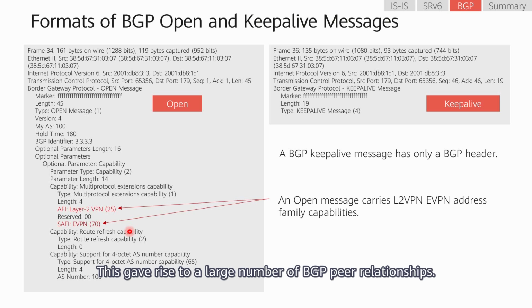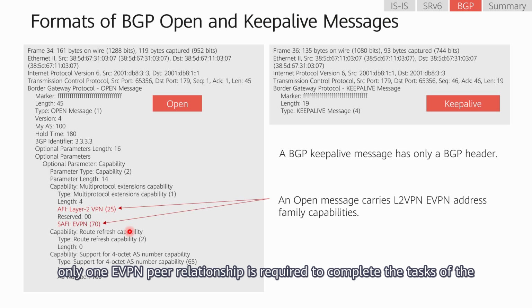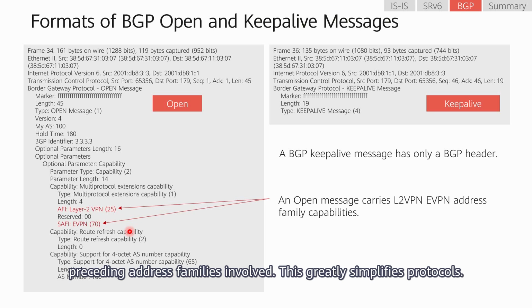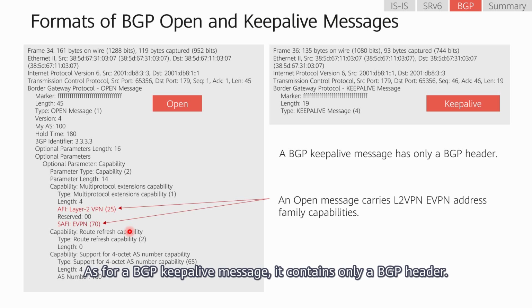This gave rise to a large number of BGP peer relationships. Because EVPN has now been extended to support L3VPN, only one EVPN peer relationship is required to complete the tasks of the preceding address families involved. This greatly simplifies protocols. As for a BGP keepalive message, it contains only a BGP header.